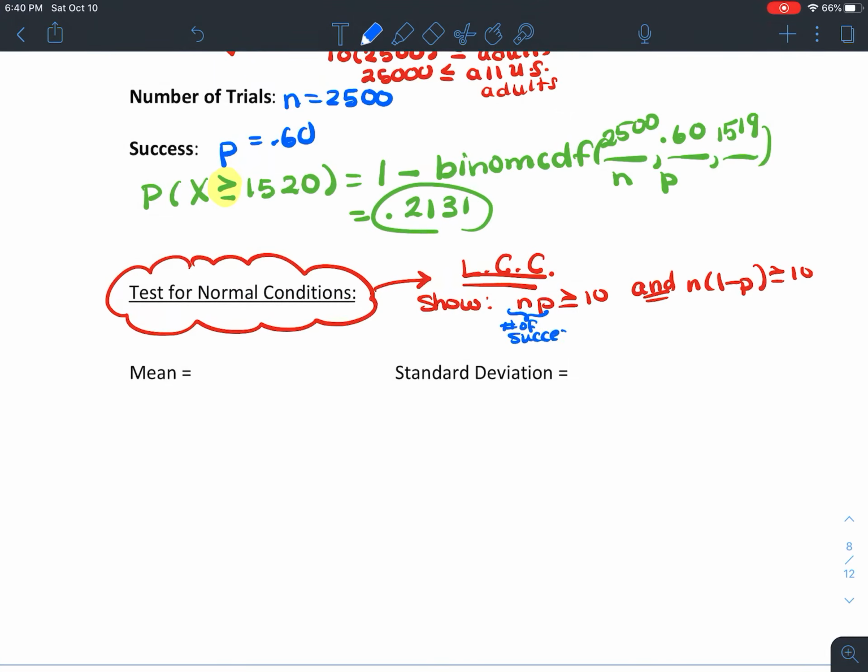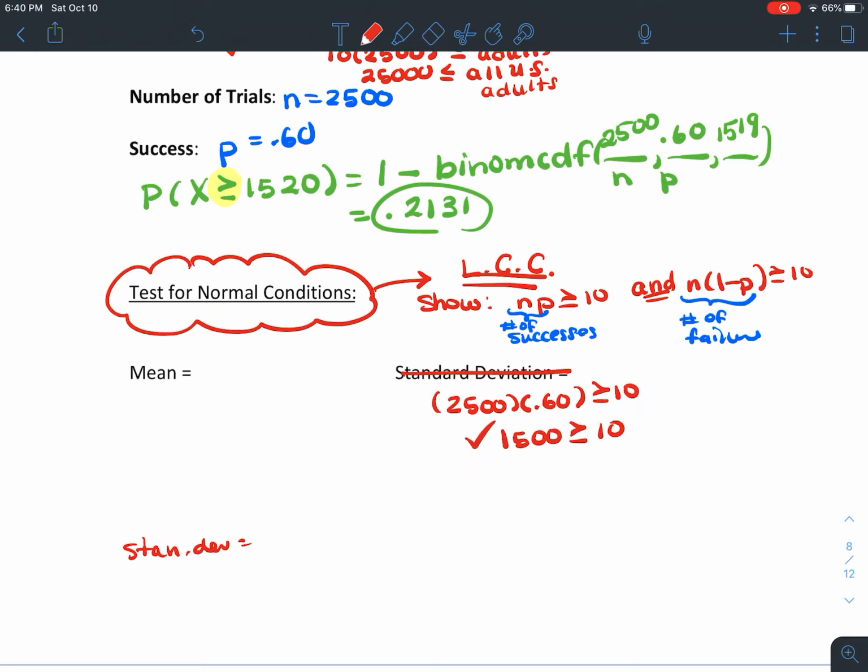This is the expected number of successes, and this represents the expected number of failures. On the AP test, you don't have to show these formulas, but you do have to show your substitutions into the formula. So n is 2,500, p is 0.6, and I have to show that that's greater than or equal to 10.